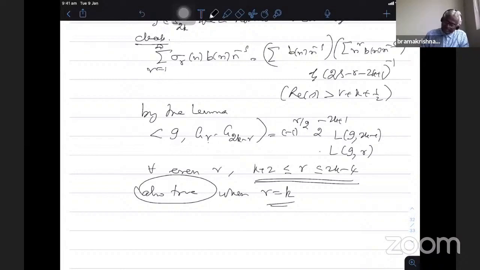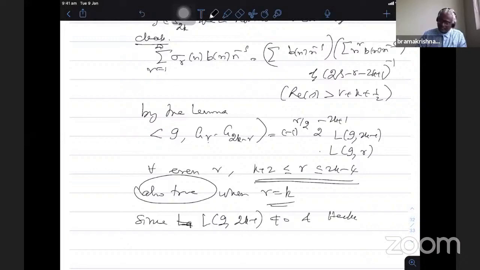Now, since L of G at 2k minus 1 is non-zero, and the Hecke algebra acts on M_2k with multiplicity 1, because it has an eigenfunction with multiplicity 1.